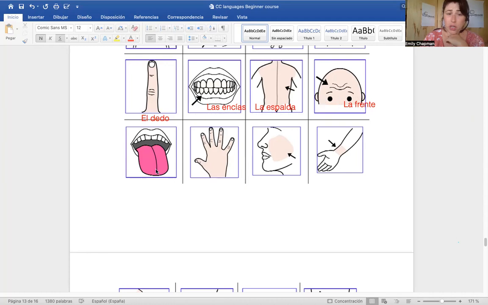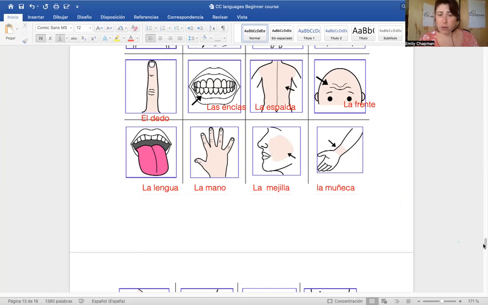The last few, tongue would be la lengua, hand, la mano, cheek, la mejilla, and wrist is la muñeca. So remembering the ñ sound of the Spanish N, ñ, la muñeca.